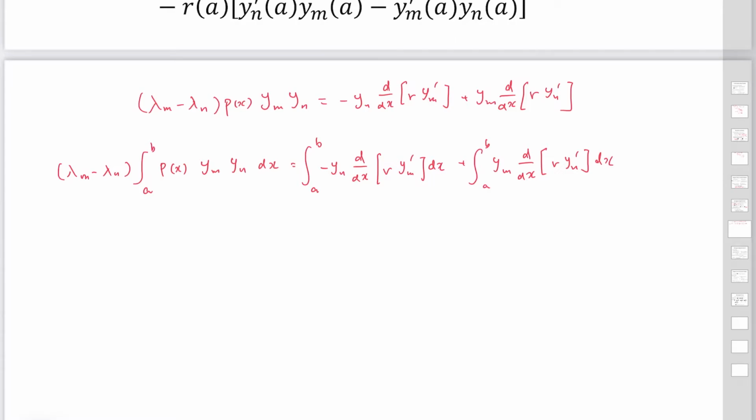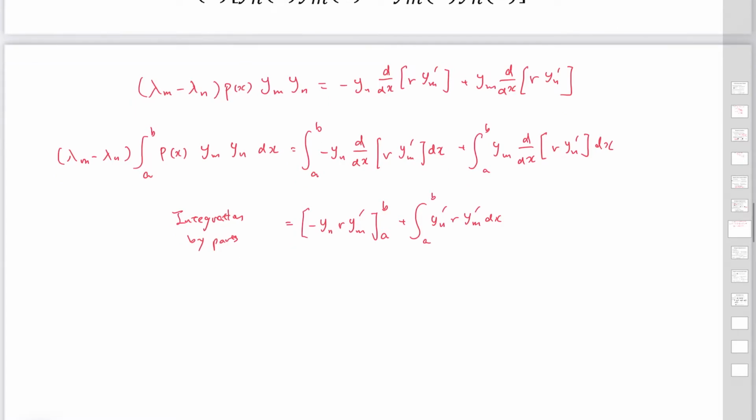Then you can perform integration by parts. It becomes minus y sub n r y sub m prime evaluated from a to b, plus the integral from a to b of y sub n prime r y sub m prime dx. So these two terms come from the first term. Plus y sub m r y sub n prime evaluated from a to b, minus the integral from a to b of y sub m prime r y sub n prime dx.